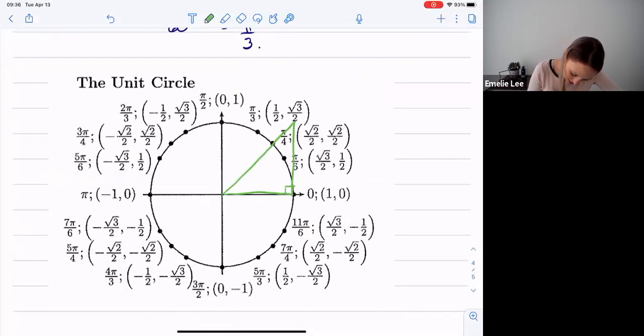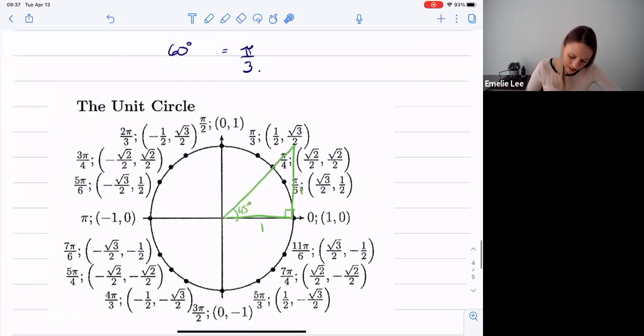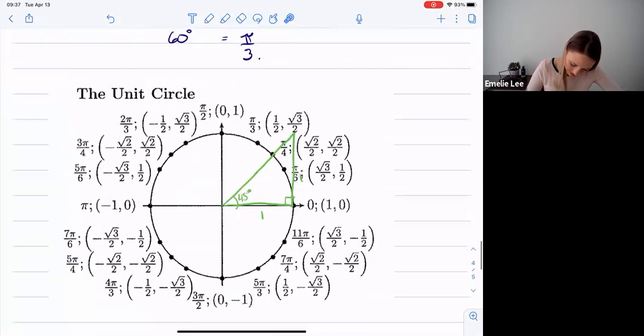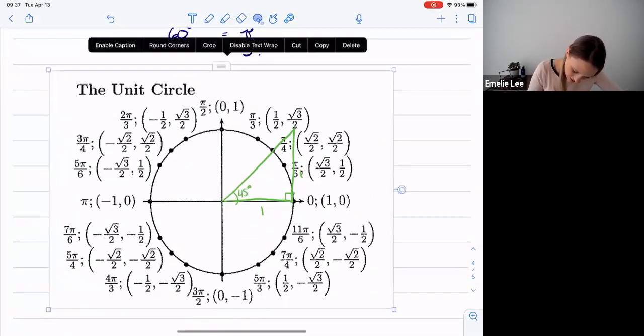So this has a length of 1 and a length of 1. And this angle was 45 degrees, which is also pi over 4. Okay. So let's try it again. I know I'm going to have to do a little bit of work on this angle here, but let's see what we can do. So I'm going to copy this again.